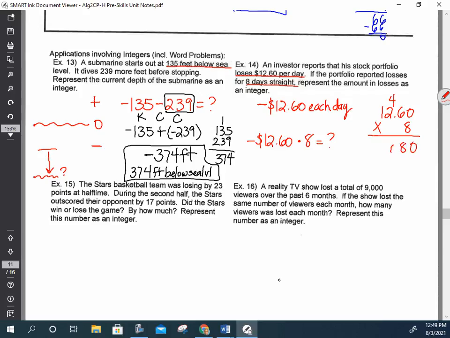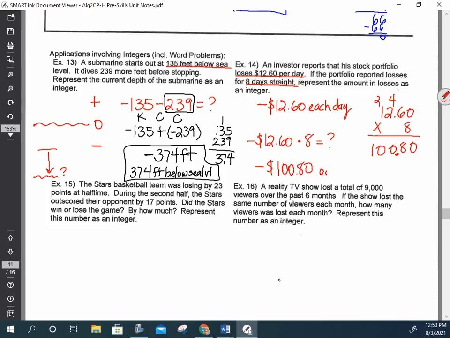16 plus 4, that's 20. Remember, you have 2 decimal places that you have to account for. So that's negative $100.80. So how does that translate into real world knowledge?